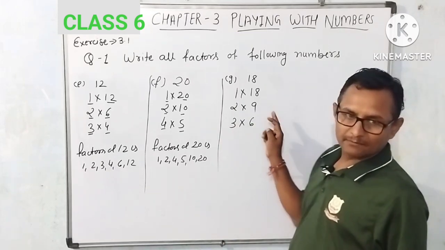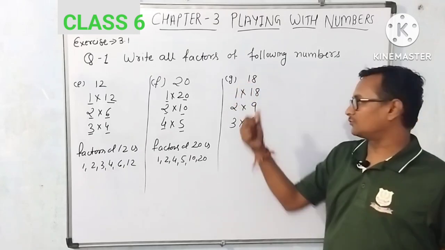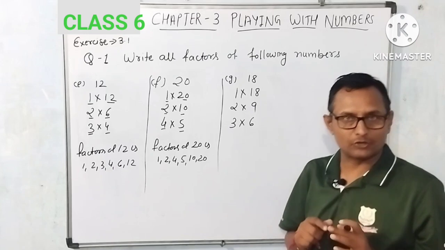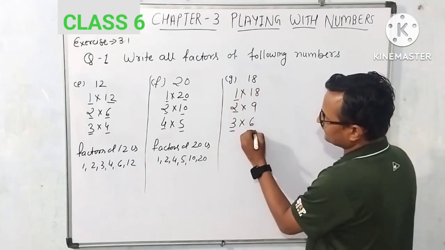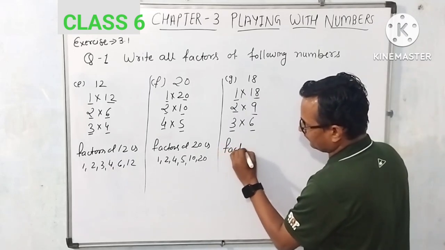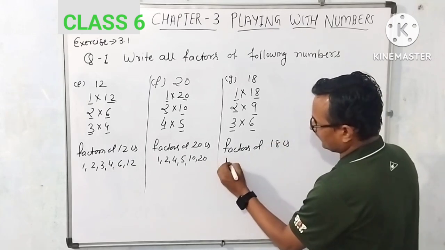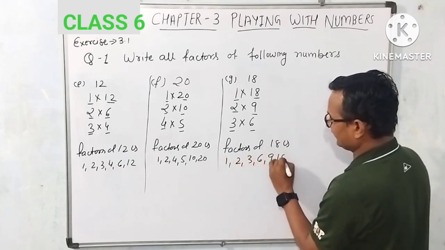Now it does not come in the table of 4 or 5. It again comes in the table of 6. So 6 3s are 18, but we have already written 3 into 6. So we have to stop here. The factors of 18 are 1, 2, 3, 6, 9 and 18. So here we can write factors of 18 are 1, 2, 3, 6, 9 and 18.